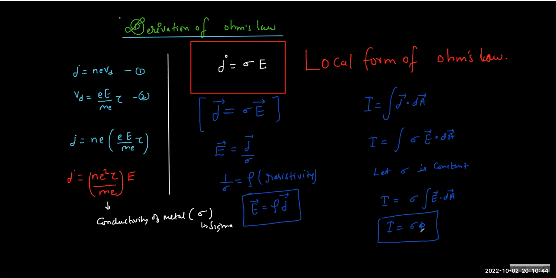So current is sigma into flux. If you know the flux through the cross section, you can easily find the current also, knowing the conductivity of the medium. And there comes another form: the flux equals I upon sigma, which is rho into I.